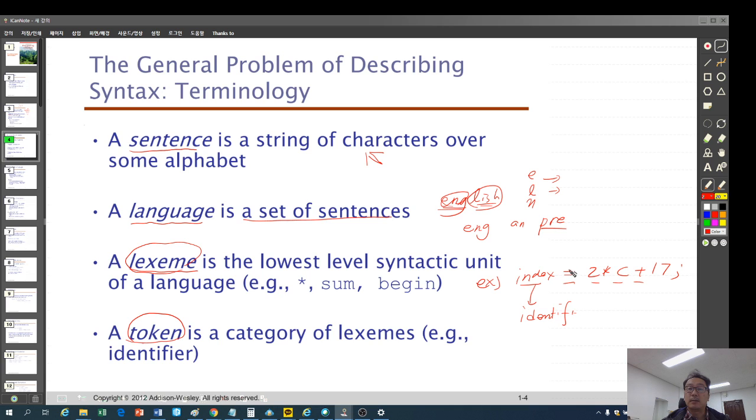And what is this? This is called maybe the equal sign or assignment, right? So what is 2? 2 is a number, an integer literal.